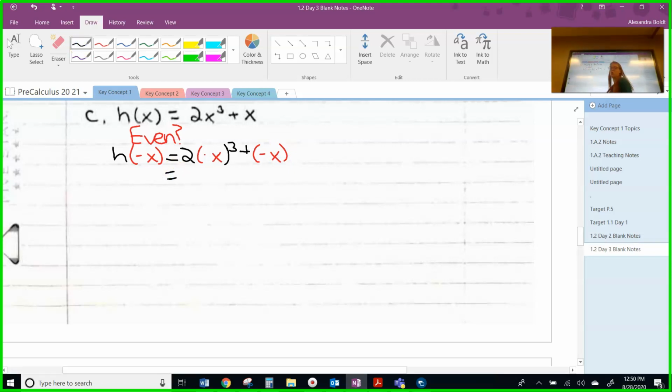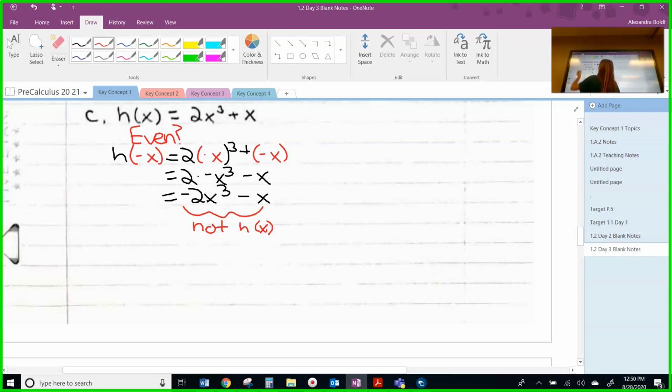So as we saw before, this is 2 times negative x cubed, and then just minus x. And this is the same as negative 2x cubed minus x. Not h of x, right? So I can say h of negative x does not equal h of x.